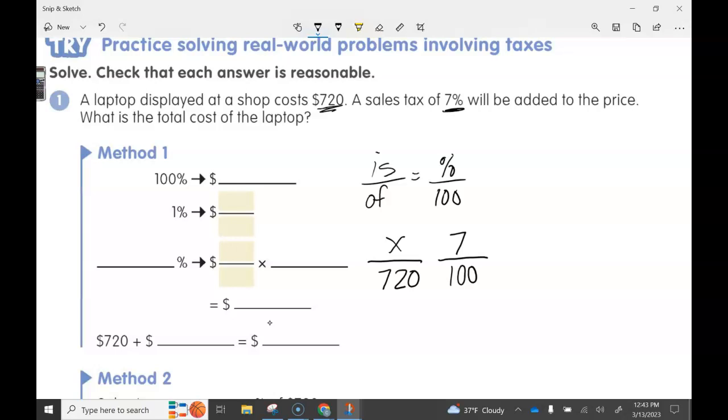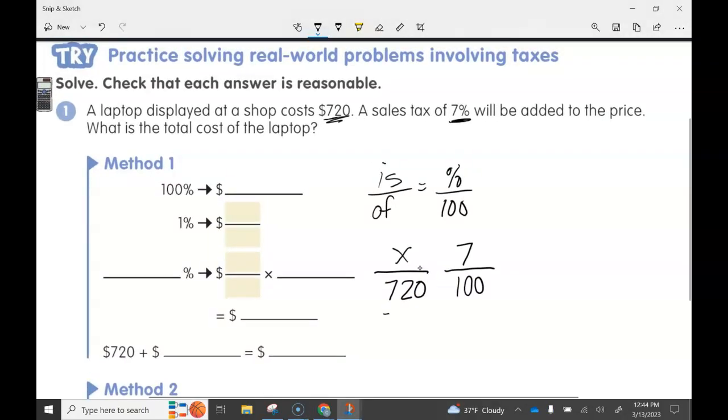So what we can do, set it up like a proportion. 720 times 7, first of all, we cross multiply and then we divide. So 720 times 7 is going to give us 5,040. Then from there we divide by 100.